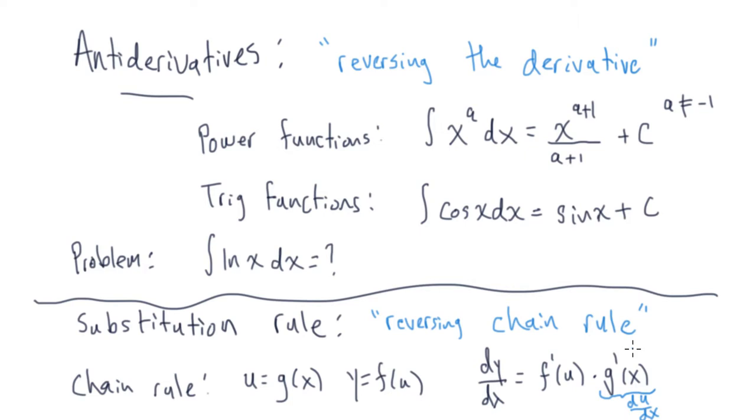Okay, so let me write down explicitly what I mean by the substitution rule, and you'll see the connection between it and the chain rule. Okay, so let's talk explicitly about what the substitution rule says.